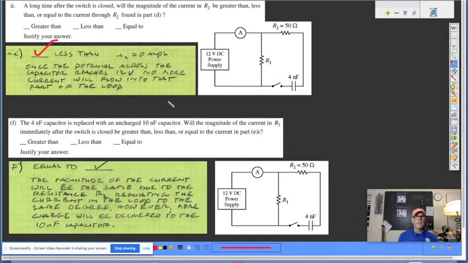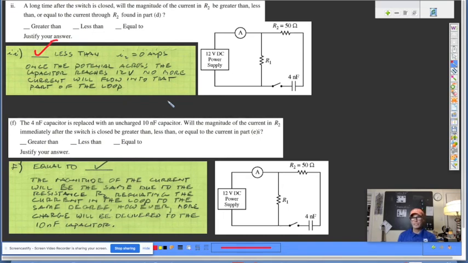All right, now the 4 nanofarad capacitor is replaced with a 10 nanofarad capacitor, so a larger capacitor. Will the magnitude of the current in R2 immediately after the switch is closed be greater than, less than, or equal to the current in part E? Now, it doesn't matter what the capacitance is.